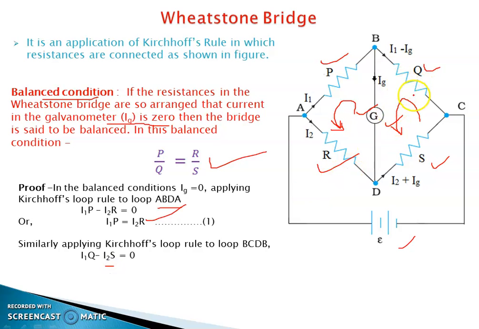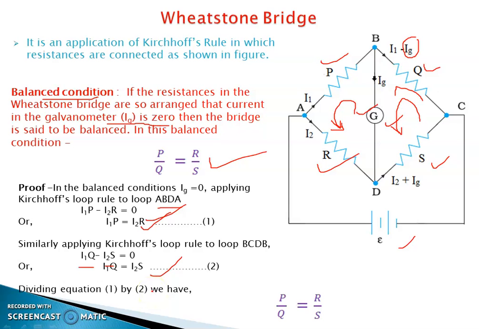For Q, we are making arrow in this direction, anti-clockwise, and current is clockwise, so it should be taken as positive. Ig is 0, right? Now it may be written as I1Q is equal to I2S. Now divide equation 1 by equation 2, we can get P by Q equal to R by S.